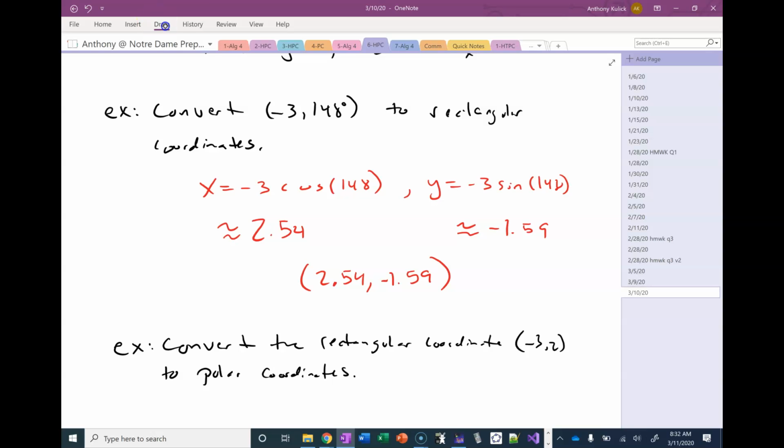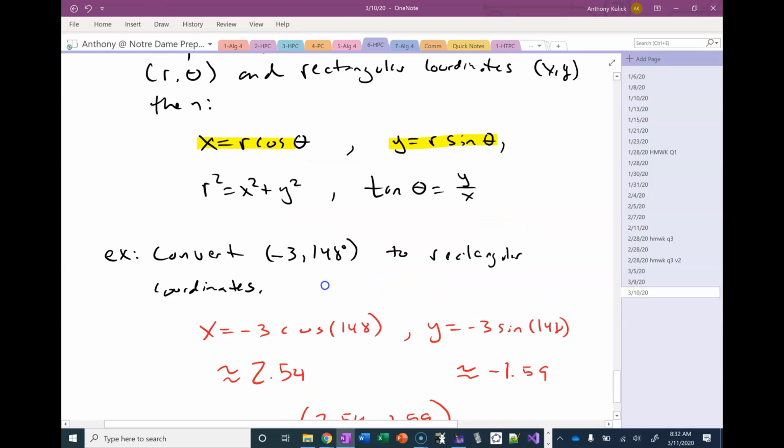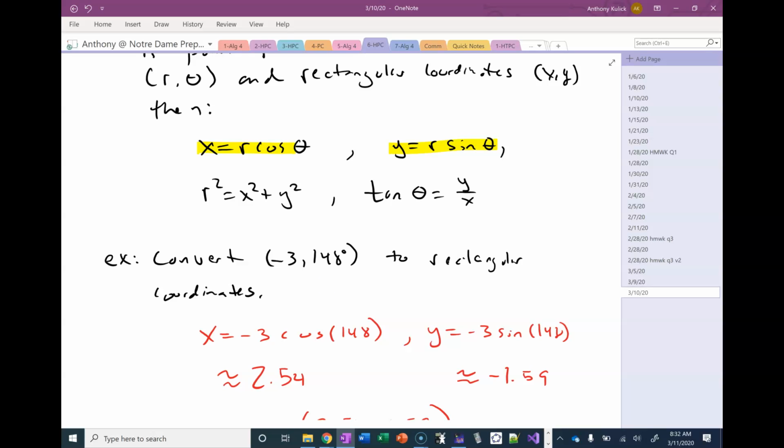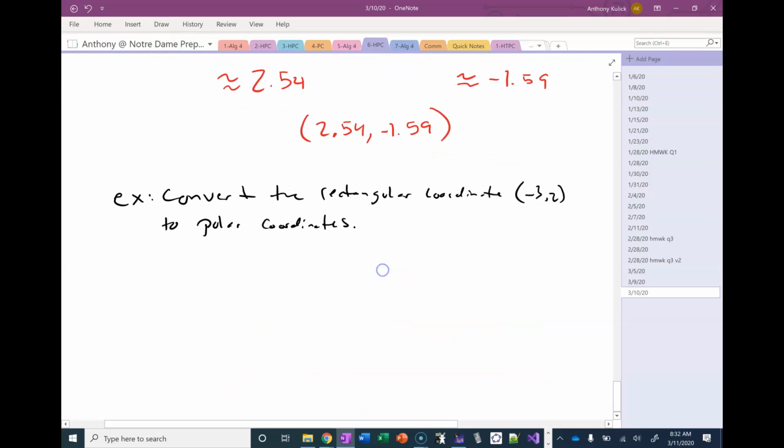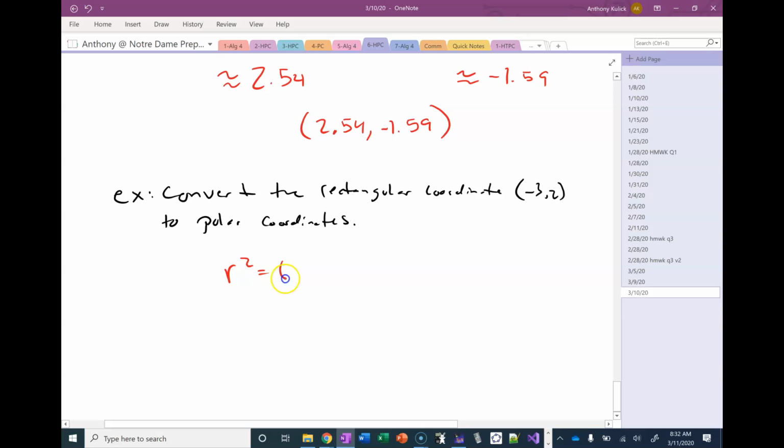If I go back up to that previous set of definitions, which relationships are going to be valuable to us? Yeah, the other two, right? So R is easy to get right away. R is going to be the plus or minus square root of 13.